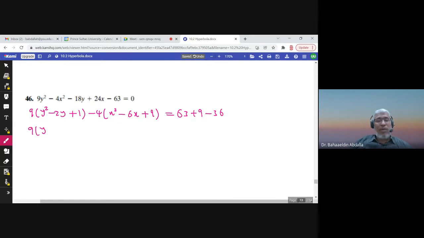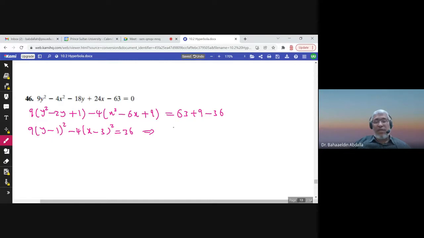So y minus 1 squared, x minus 3 squared, 63 plus 9 minus 36 is 36.